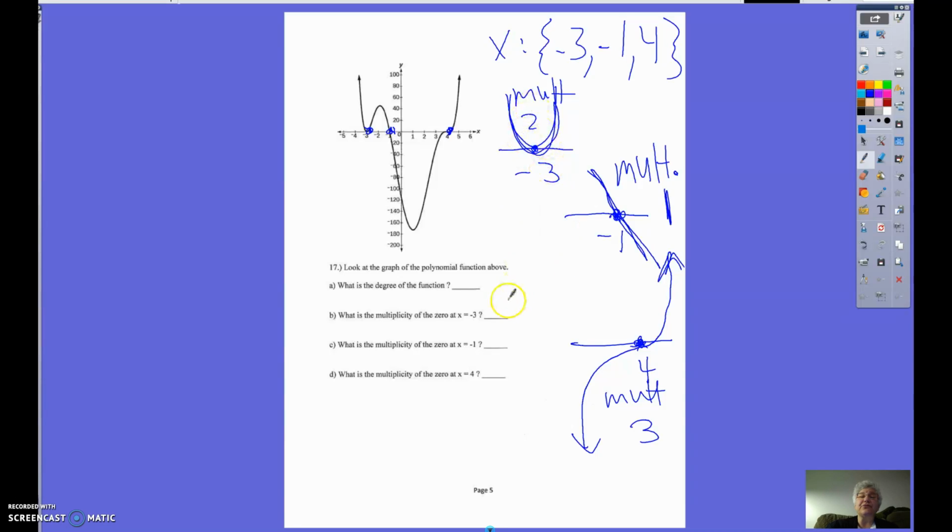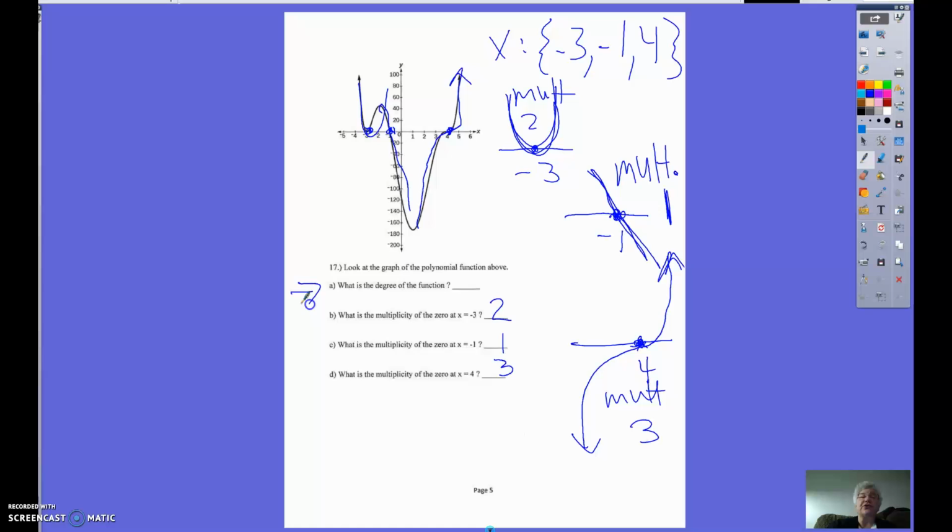So for -3, multiplicity of 2, touch and turn. For -1, the curve or polynomial goes straight through. That looks like our second diagram. That's going to be a multiplicity of 1. And the multiplicity at 4 is a curve that goes up, kind of flattens and continues up. That's going to be a multiplicity of 3.